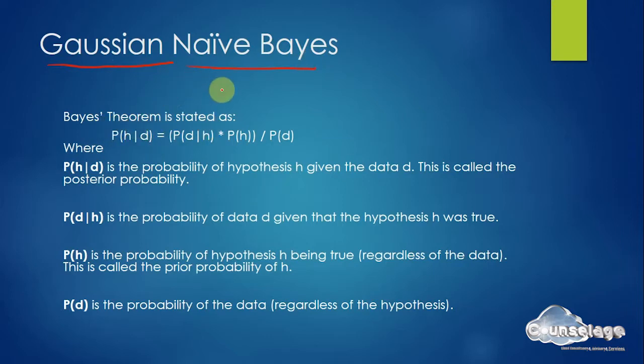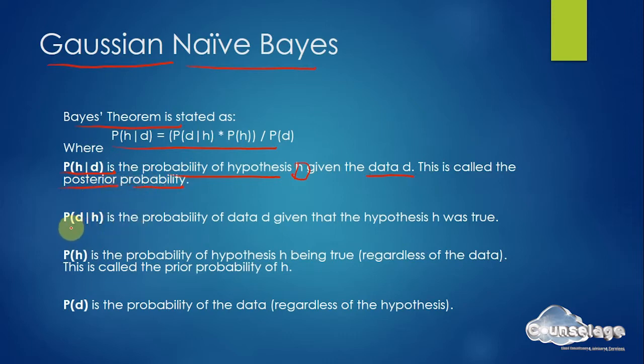Gaussian naive Bayes is based on Bayes' theorem of probability, which is given as follows. P of H given D is equal to P of D given H times P of H, divided by P of D, where P of H given D is the probability of hypothesis H given the data D. This is called the posterior probability.